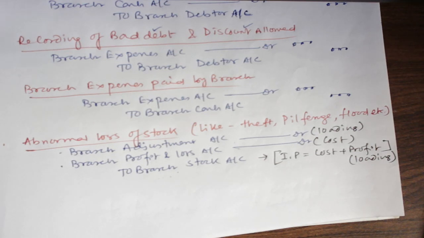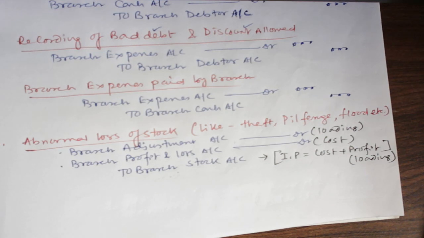So when we are maintaining the books of accounts, HO cannot show the profits in its own books. Obviously, it can sell at a profit to the branch, but we cannot show the profit in our own books when we send any goods to our branch office.